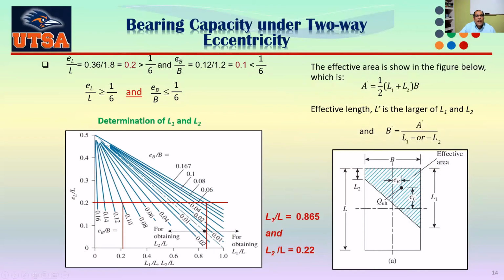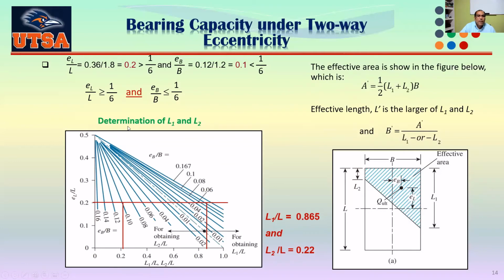On the other hand, EB by B, EB is 0.12 and B is 1.2, so this one is 0.1, which is less than 1/6. So that's case number 2, which is EL by L greater than 1/6 and EB by B less than 1/6.